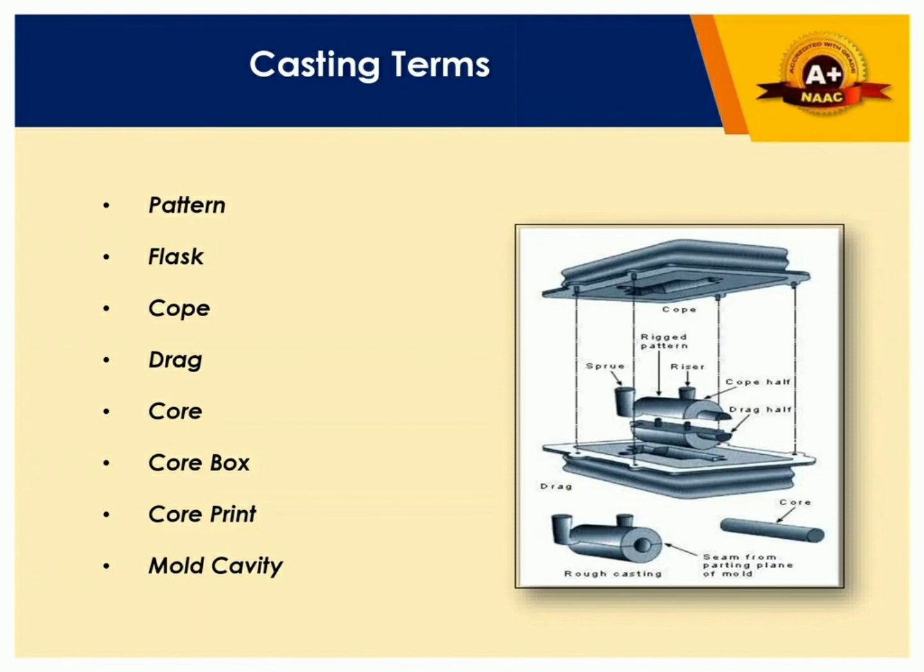Then the parting line is the line between the cope and drag box. And we need to give draft to the mold cavity in such a way that the final fabricated part can be removed easily from the mold cavity.